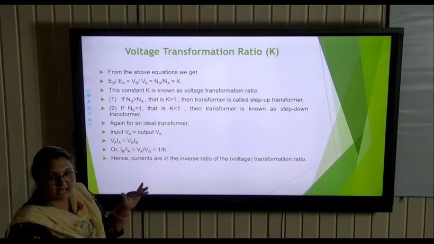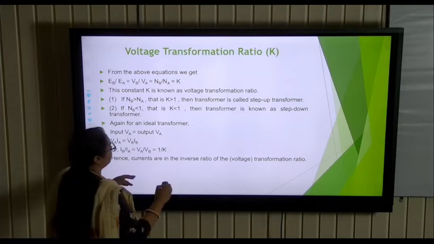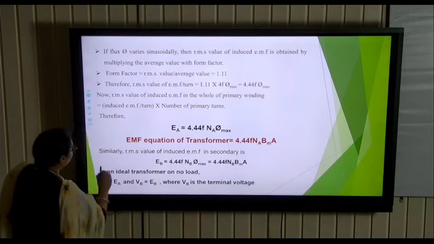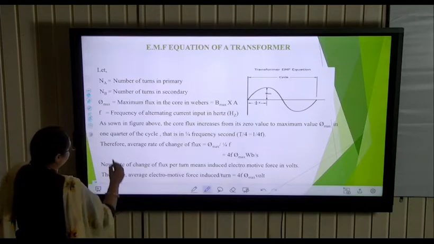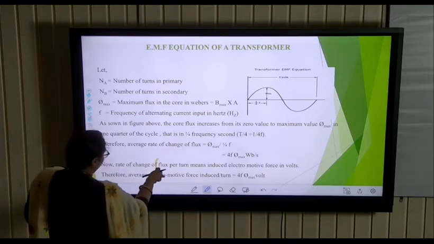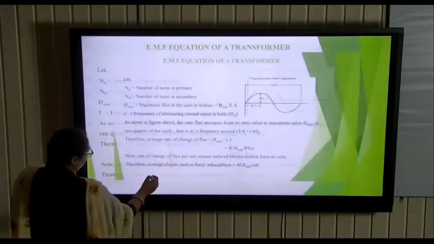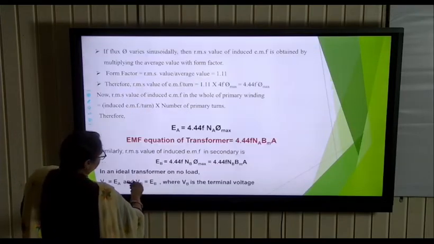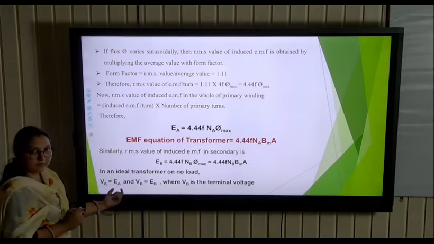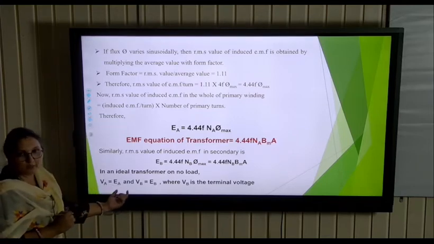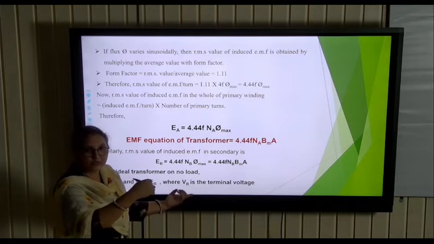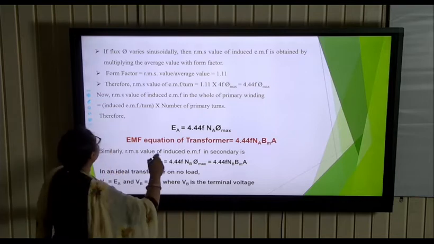So when it is an ideal case, then V1 will be equal to E1, it is the same case, and the same is the case on the secondary side, like V2 will be equal to E2.